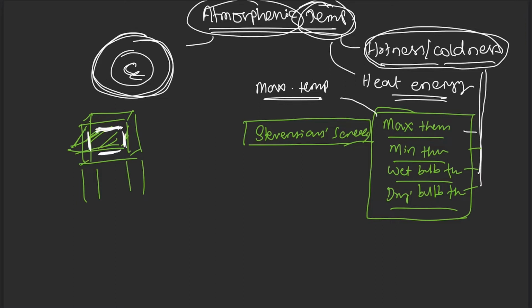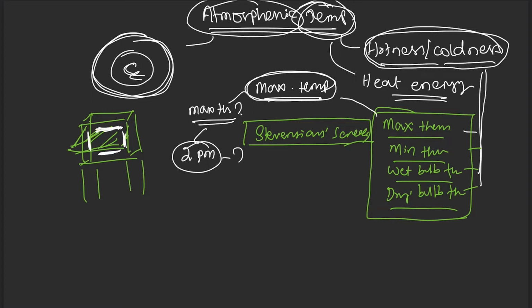So when can we observe the maximum temperature? At around 2 p.m. At around 2 p.m. we find the maximum temperature in a day.